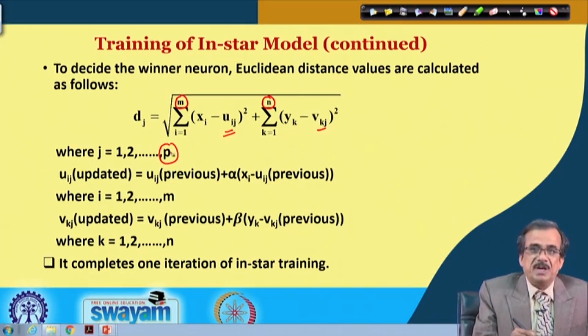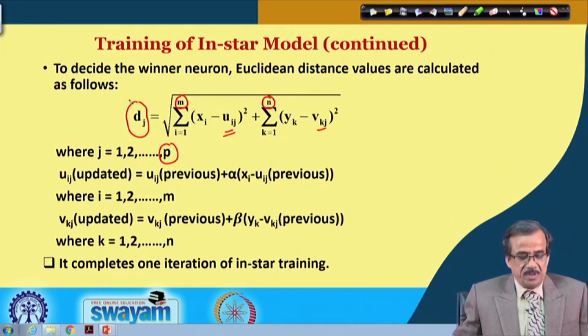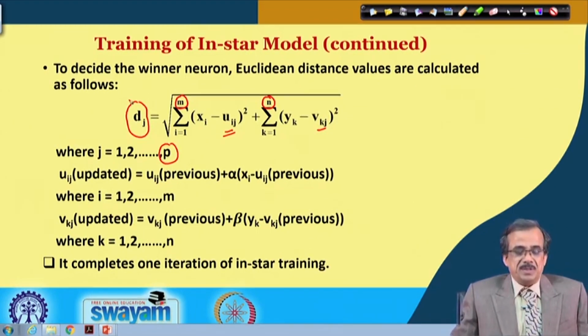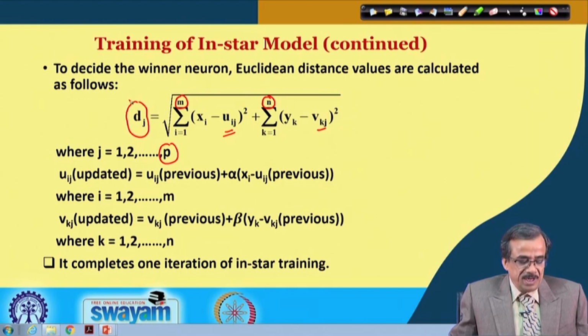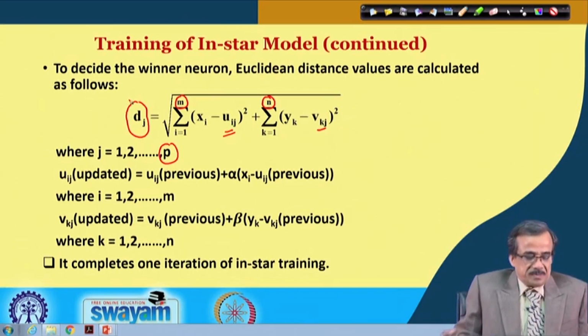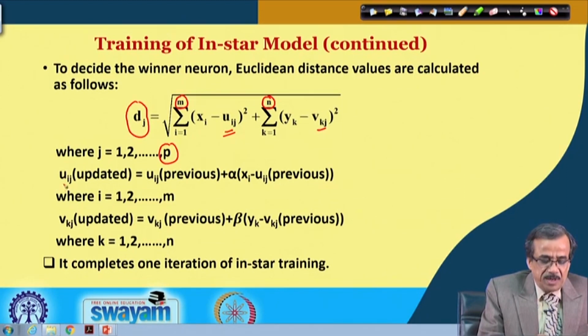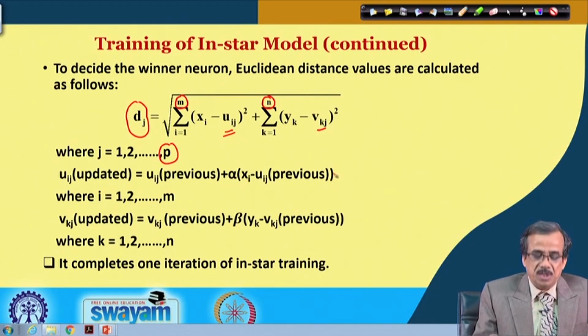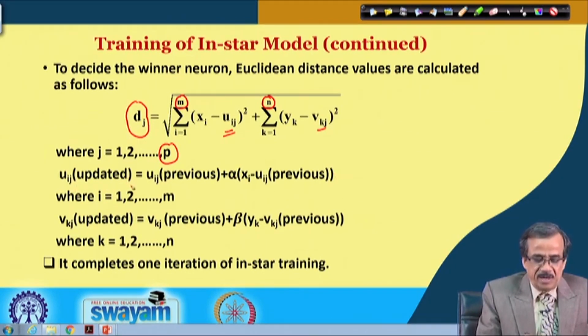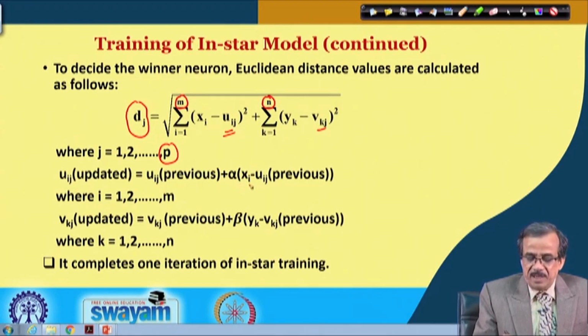So, for each of these hidden neurons, we try to find out what this d value is, and then we compare which hidden neuron is going to give the minimum d value, and that will be declared as the winner. Now, here the connecting weights, that is u i j, will have to be updated using this particular rule: u i j updated is nothing but u i j previous plus alpha multiplied by x i minus u i j previous.